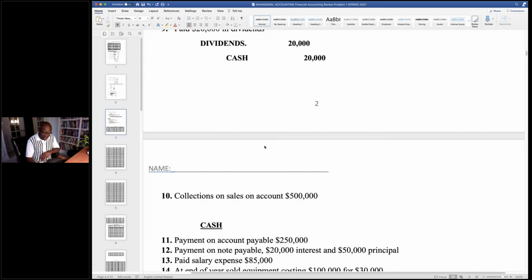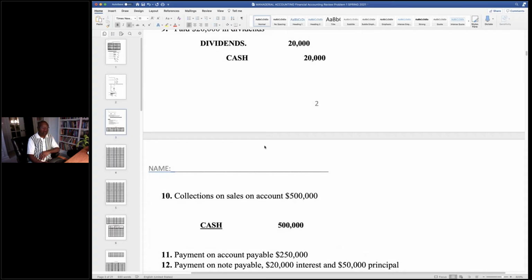So debit cash 500,000. What are we going to credit? Is there a C student in the house today? Do we credit accounts payable, or accounts receivable?